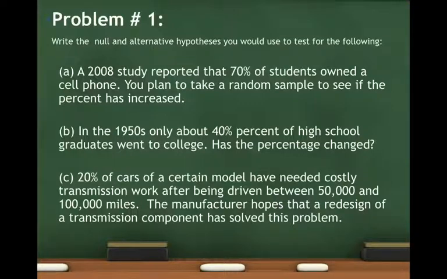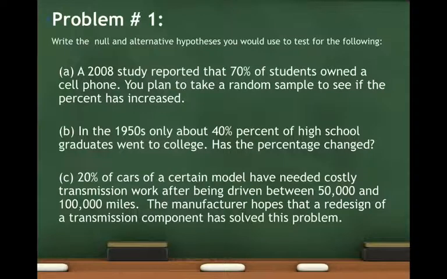In A, a study from 2008 reported that 70% of students own a cell phone. You plan to take a random sample to see if the percent has increased. On B, in the 1950s, only about 40% of high school graduates went to college.